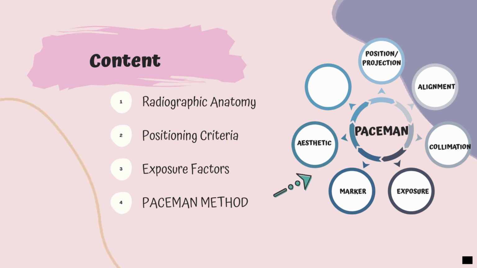The last criteria is we need to evaluate the evidence of name, patient's name, and identification, which is also important in any examination. After we have reviewed all the criteria, only then we can decide whether to accept the image or if a repeat exposure is necessary.